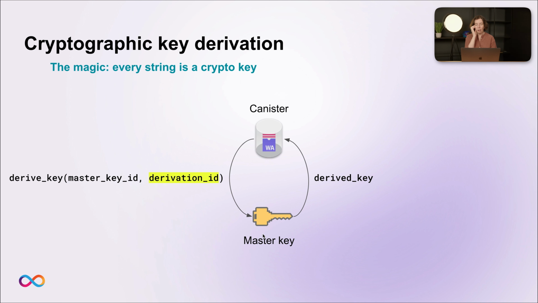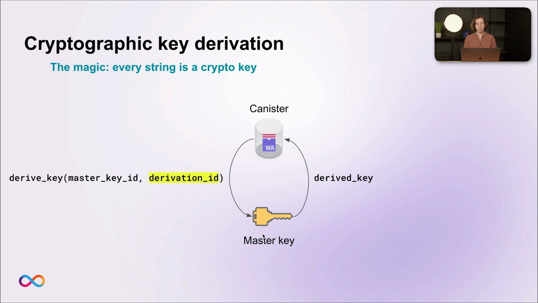At a very, very high level, the magic of this is that every string can be a crypto key. Suppose you have a canister or a piece of software and you want to encrypt or decrypt some information. Often what you can do is enter a password, and from this a cryptographic key can be derived that is then used to encrypt or decrypt the data in the canister.